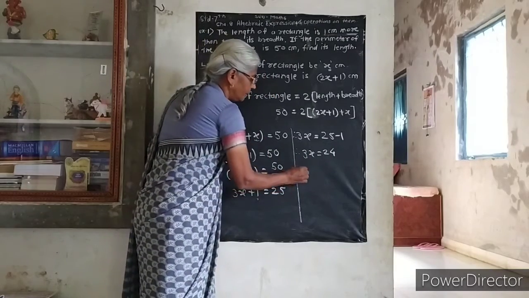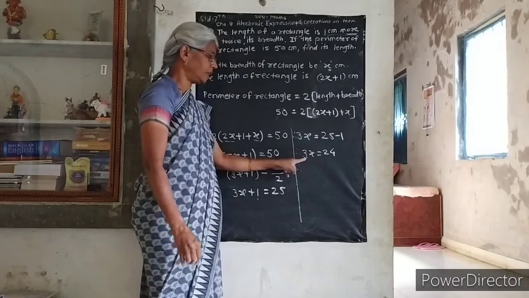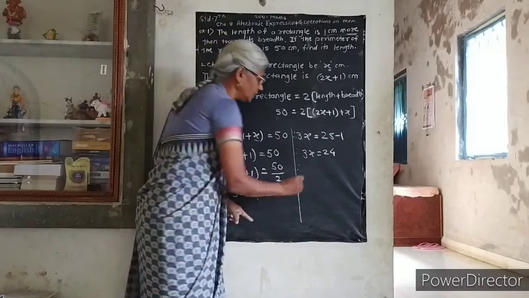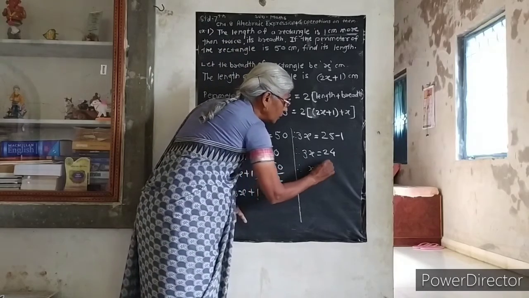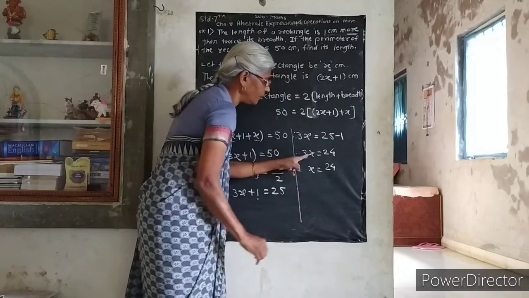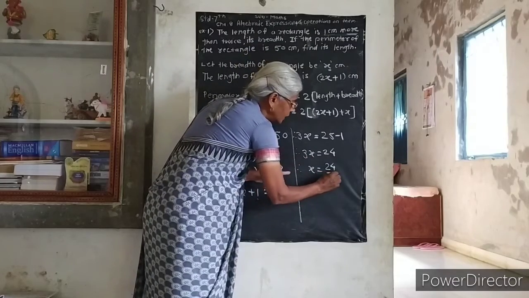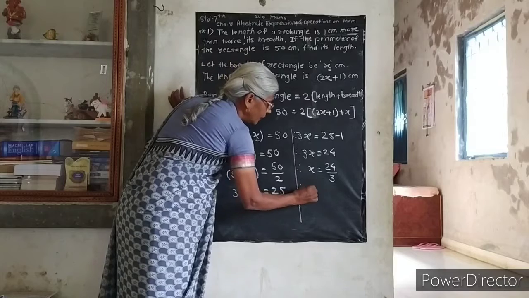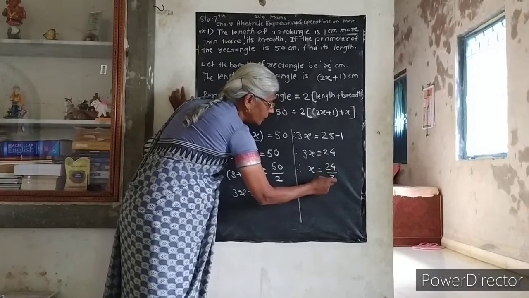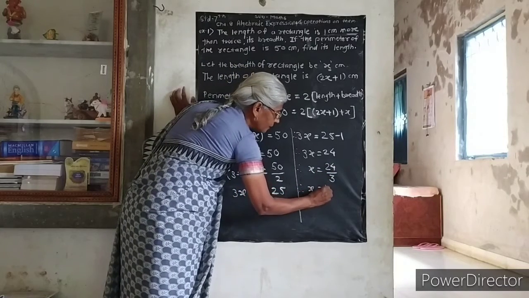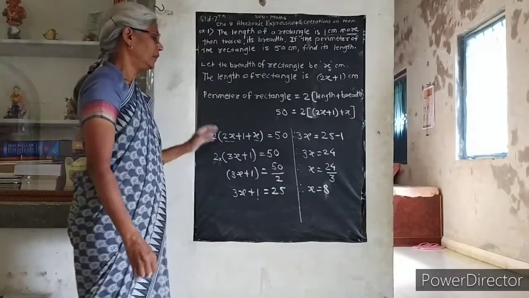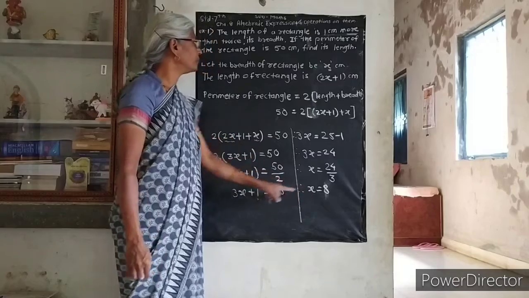Then the coefficient of x is transferred from LHS to RHS. The relation again changes: it is a multiple here, and when it changes the sign, it gets divided. Therefore, x is equal to 24 divided by 3. We get 8. x is equal to 8.